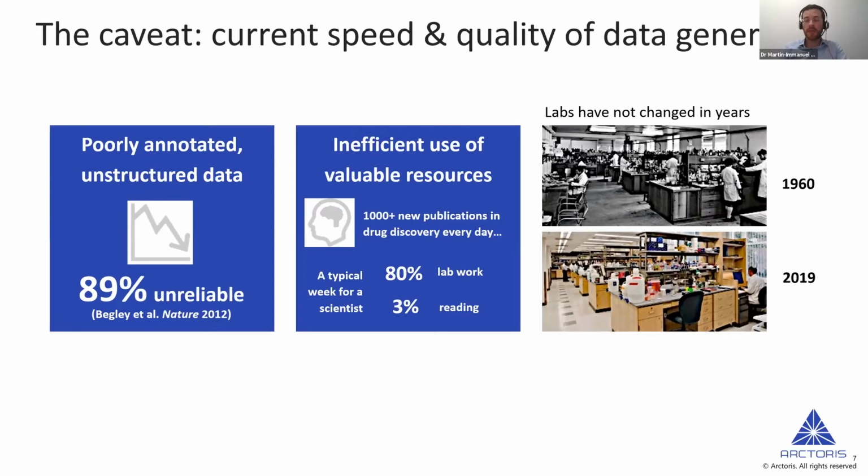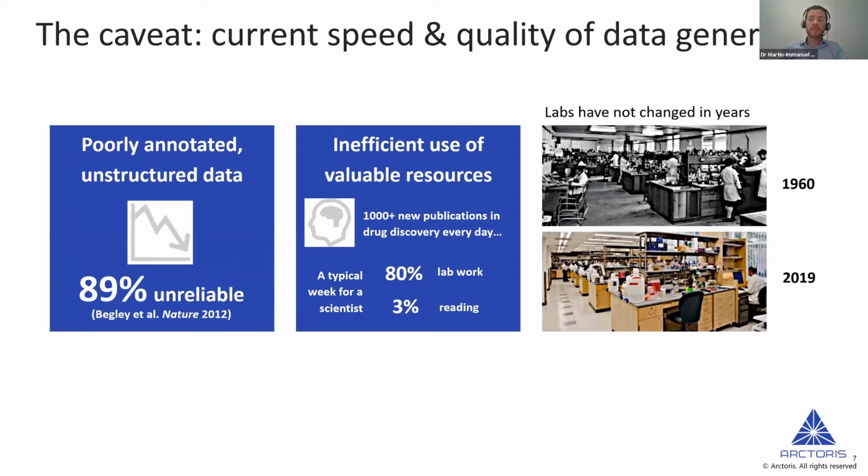So in other words, the drug discovery ecosystem right now is at a stage where it is necessary to rethink in a very basic way how research happens and how we go about discovering new drugs.